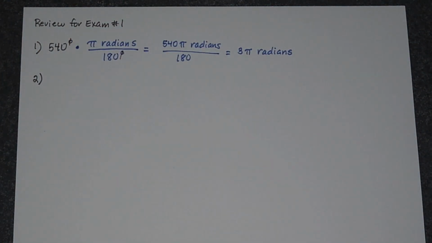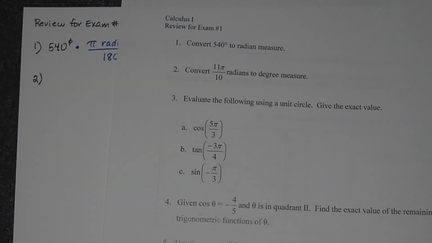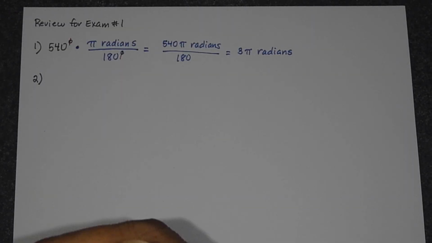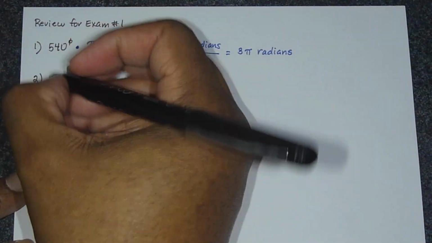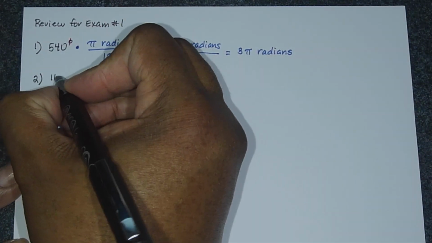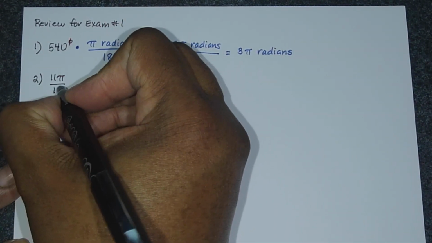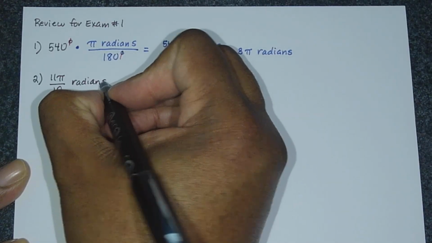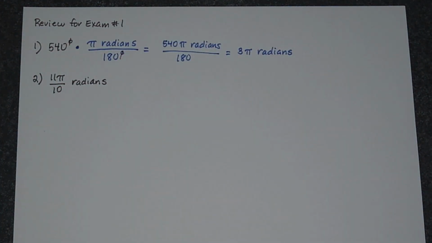All right, number 2 is converting 11 pi over 10 radians to degree measure. So we have 11 pi over 10, and of course this is in radians. We're converting that to degree measure.